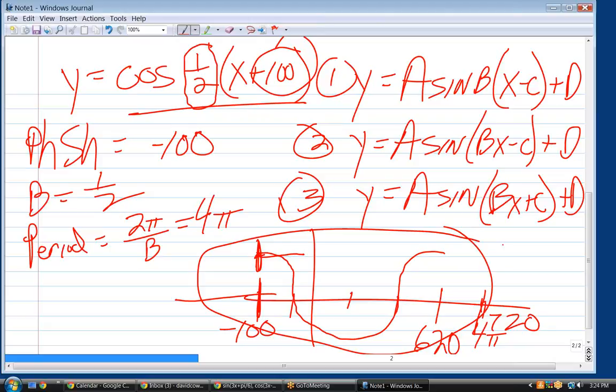And the basic method you use to graph any of these is to look at your function, figure out what A is, what B is, what the period is based on B, what C is, what the phase shift based on C is, and what the vertical shift is. And you apply each one kind of independently. And whatever you end up with is what you end up with.